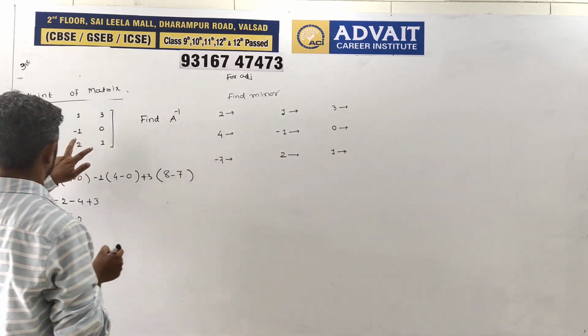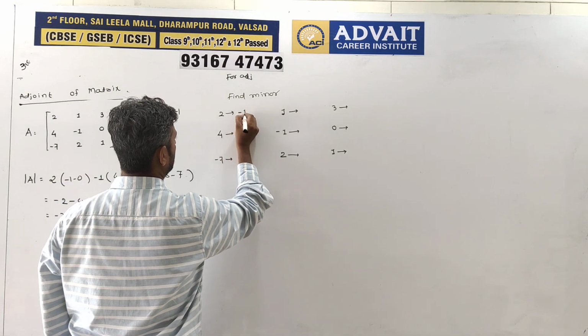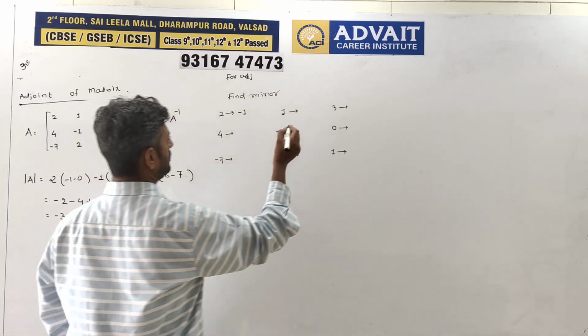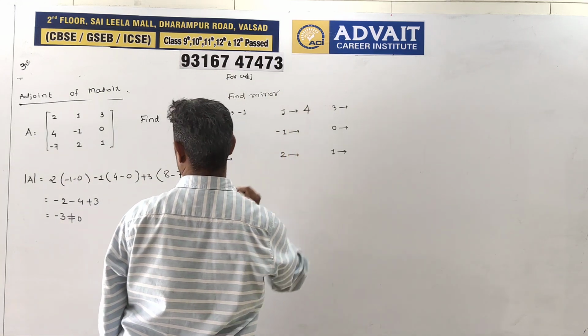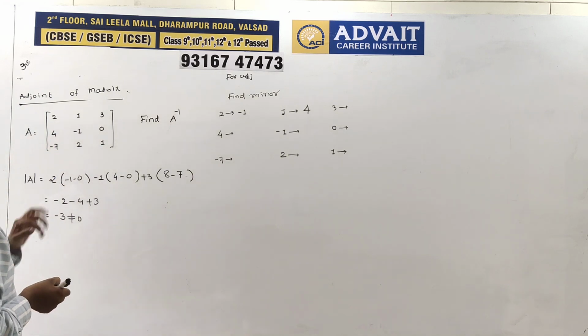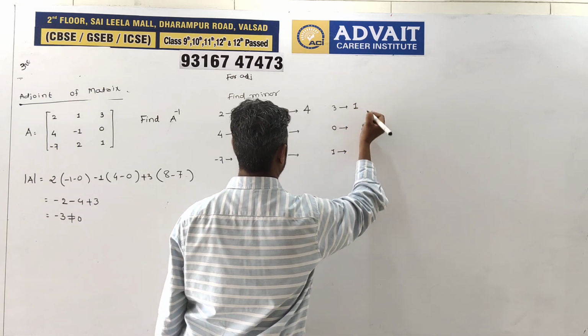Now for 2, this is minus 1 minus 0. So that is minus 1. For 1, 4 minus 0. So that is your 4. For 3, 8 minus 7. That is 1.